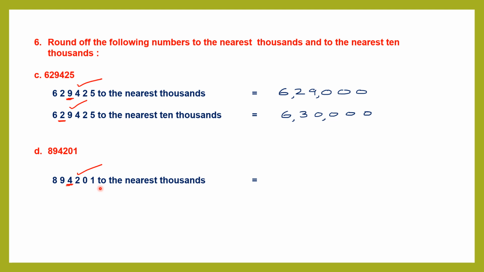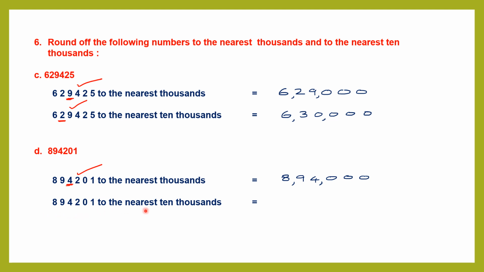The digits to its right will now become zeros. So let's write 8, 9, 4 will not change. Now after 4 there are 3 digits. So let's write 3 zeros. 1, 2, 3. So what is our number? Let's put the commas and read. 8,94,000.